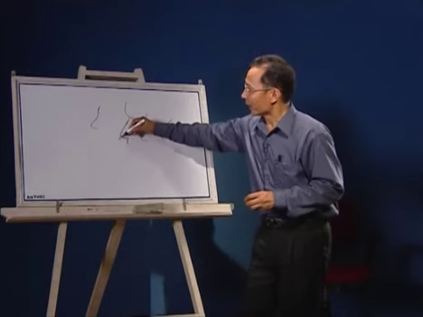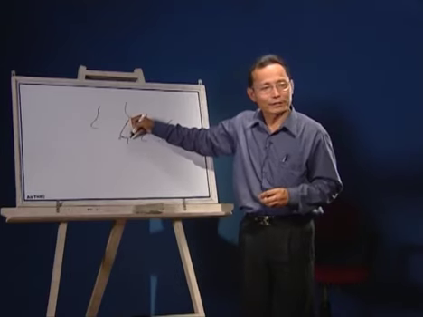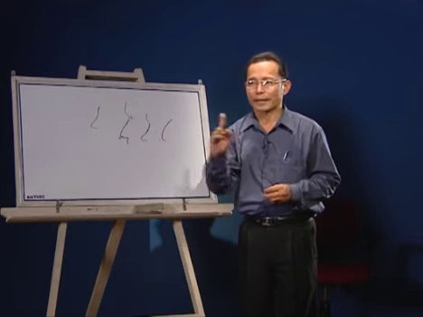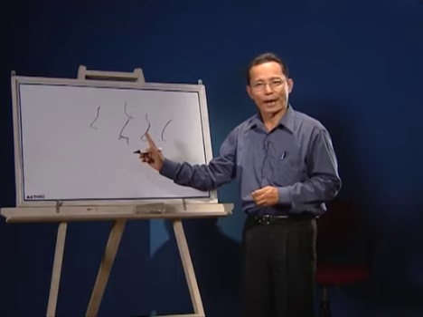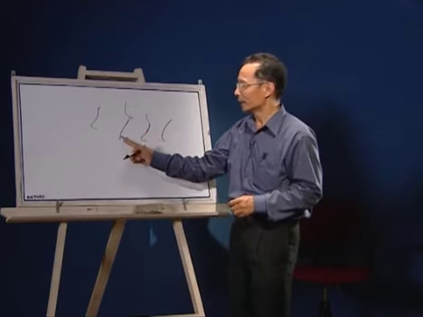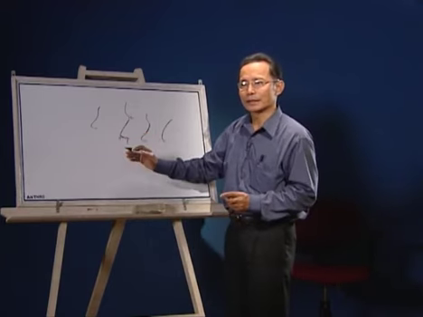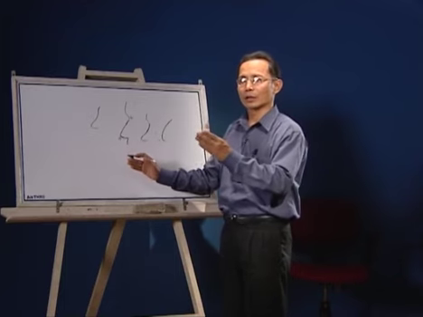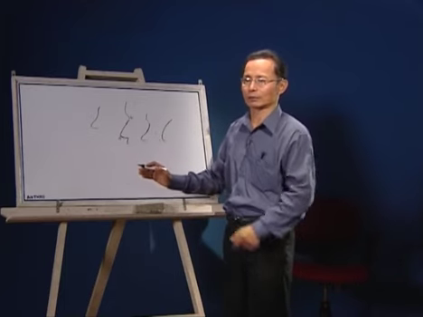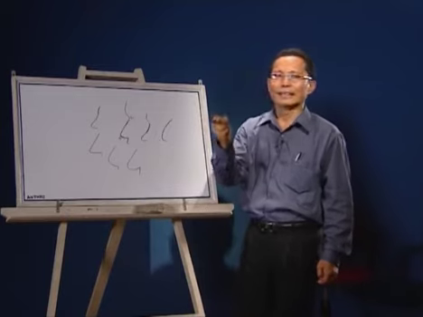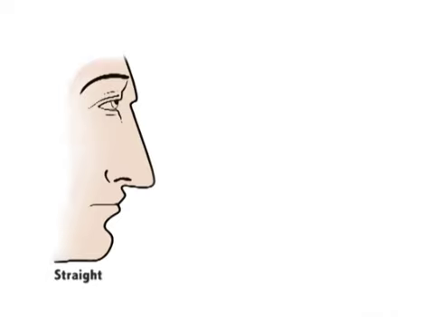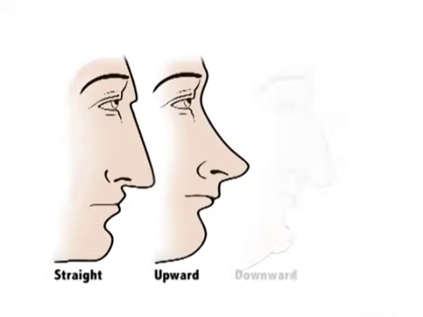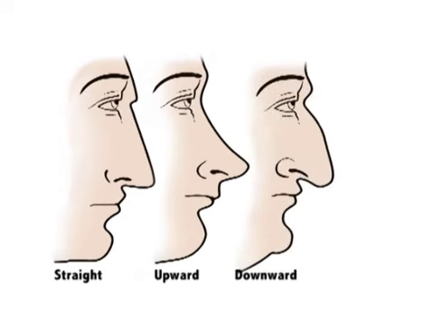So here again, for observing this nasal septum, we have to observe it from the profile. While observing from the profile, we have to see whether the nasal septum is oriented upward or downward or horizontal. We classify nasal septum into 3 categories: straight or horizontal nasal septum, then upward nasal septum, and downward nasal septum.